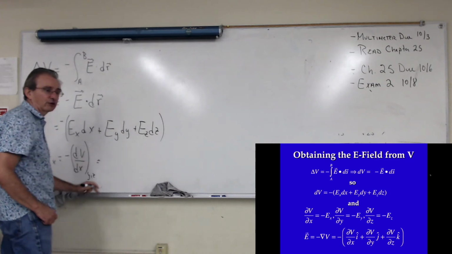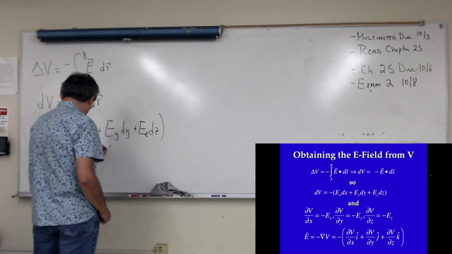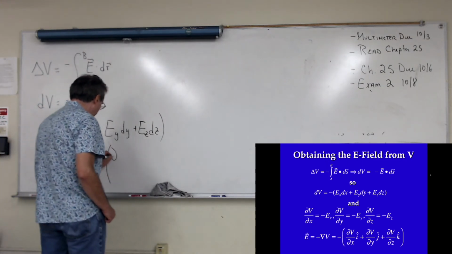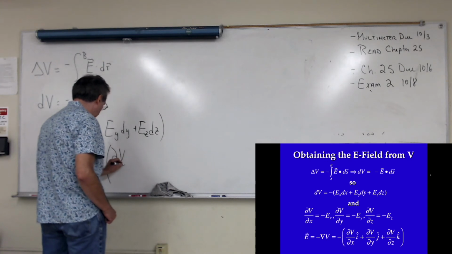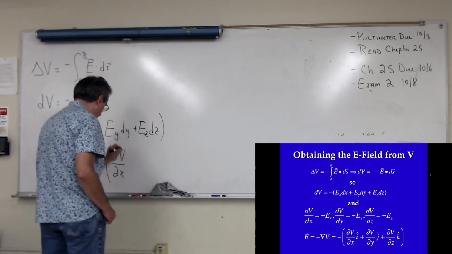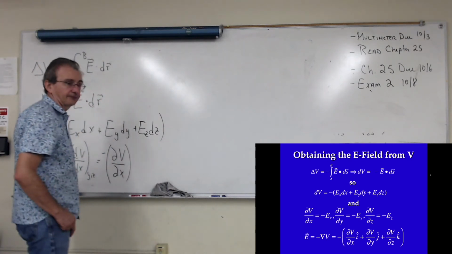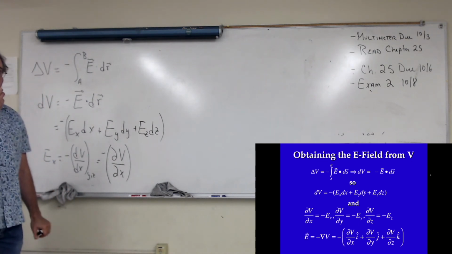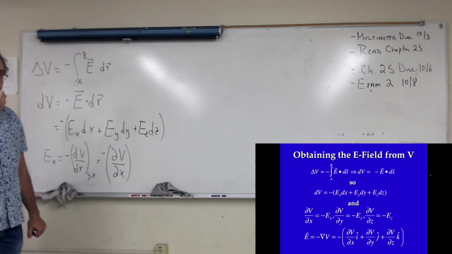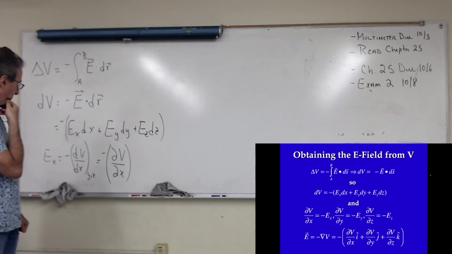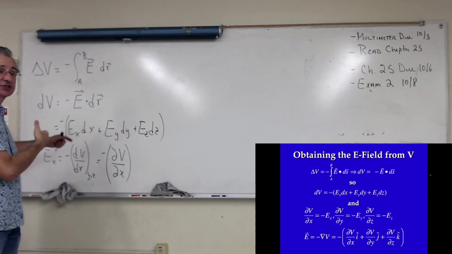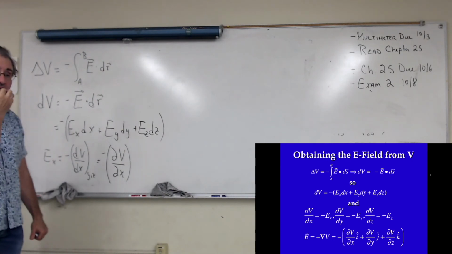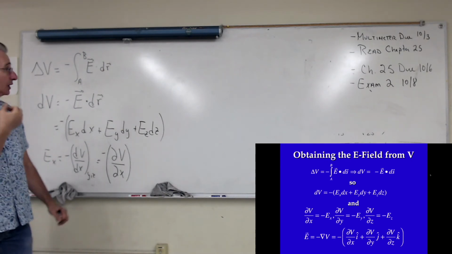If you had calc 3, you write this as a partial derivative. And we can say the same thing for E sub y and E sub z. Really, dV looks like this.